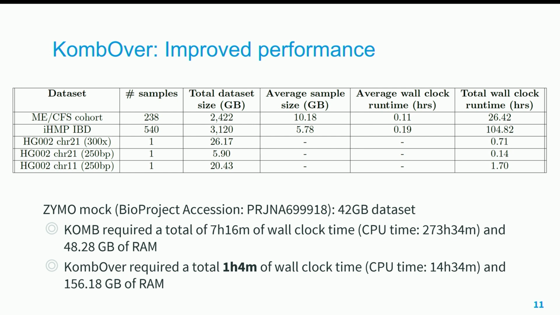We have 200 samples, about 2.5 terabytes of data. A single sample we can process in about 6 minutes. So basically, this is relatively good, I would assume. If you have a patient, processing for 6 minutes is definitely much shorter than running Illumina for 24 hours. So in general, processing gets relatively fast.